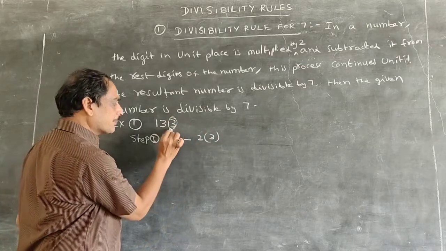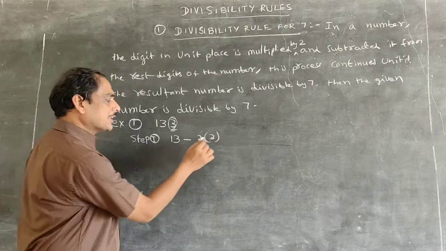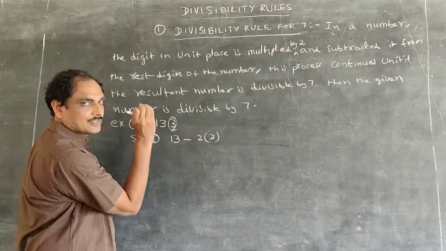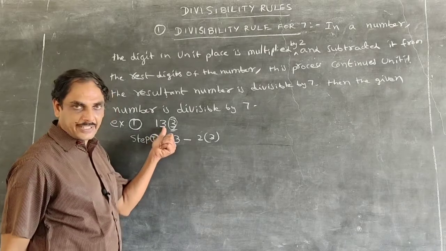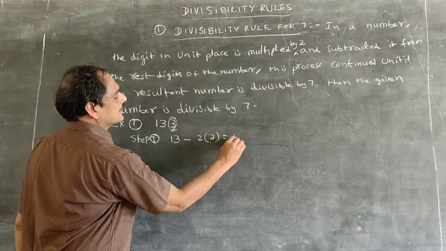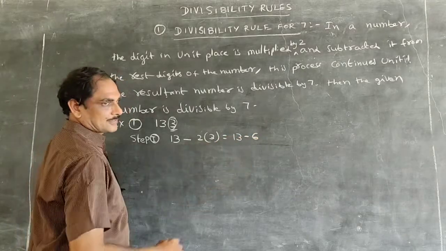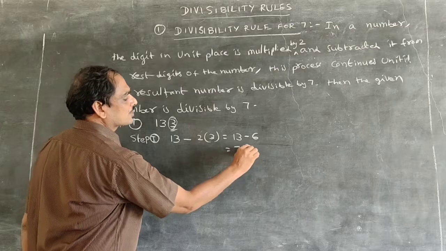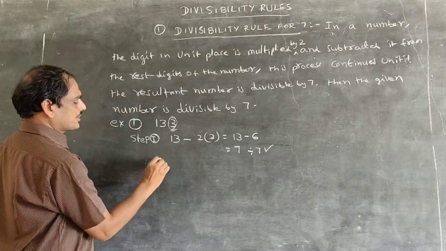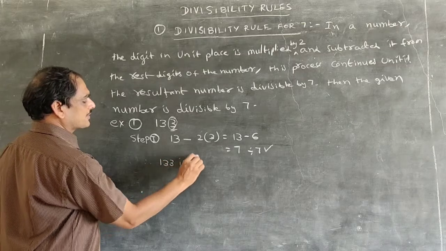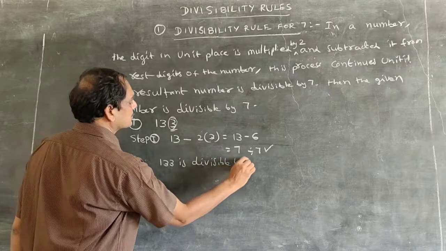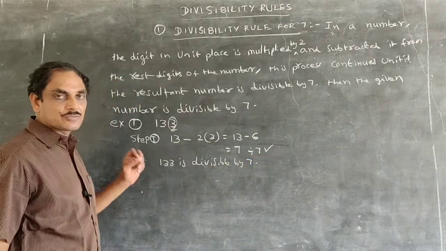The unit digit is 3. We multiply it by 2 and subtract it from the rest digits, which are 1, 3, that is 13. 13 minus 2 times 3: 2 threes are 6, and 13 minus 6 is 7. So the number 7 is divisible by 7. Therefore, we say that 133 is divisible by 7. So this is a small number.